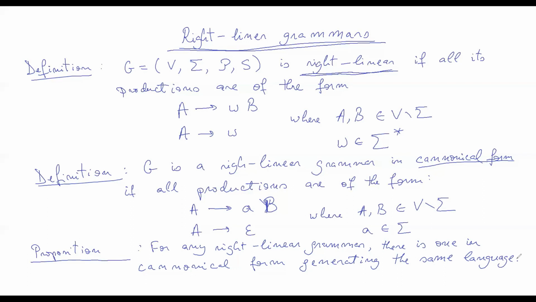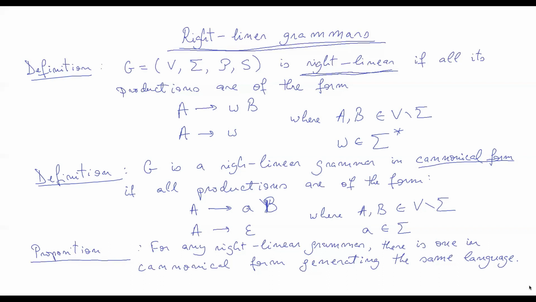So this is very interesting because it tells you that you really can think about right linear grammars just in this form. If you have something like the more general form, this proposition says, don't worry about this. You can actually write one that looks much simpler and does exactly the same job as before. And obviously there is a price to pay. When you go to a simpler structure, you are going to have more non-terminals, but we are not concerned about that in this part of the course.